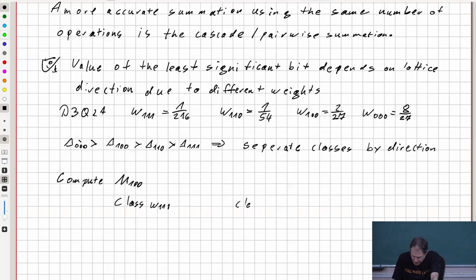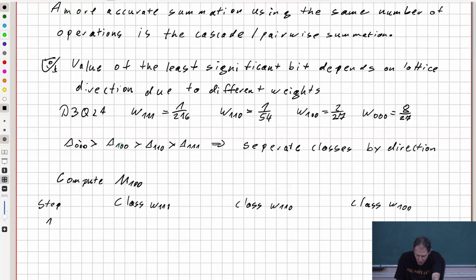We have the class W110 and we have the class W100. For computing the velocity, we don't have the class W000 because this does not appear in the velocity, right? So let's write down what steps we have.